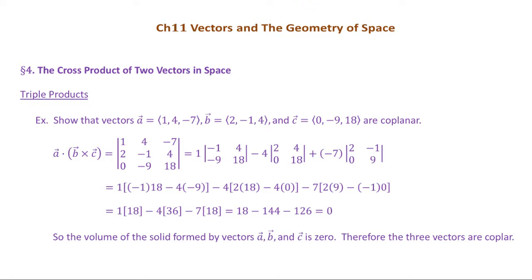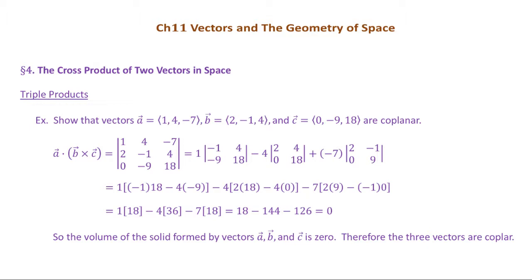Sorry about this typo. Again, this 2 by 2 matrix comes from the deletion of the first row and the third column. And then you just do the determinant of each 2 by 2 matrix one by one.